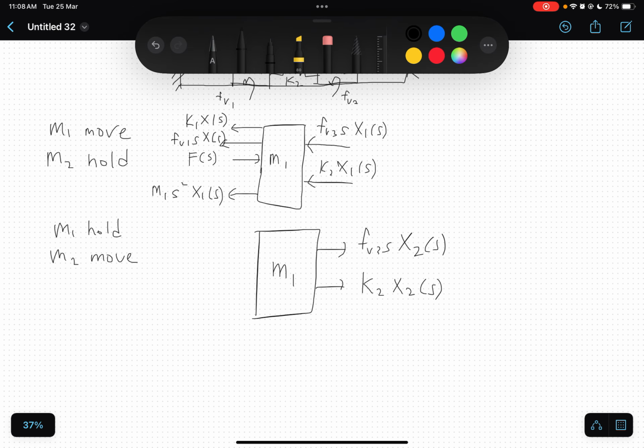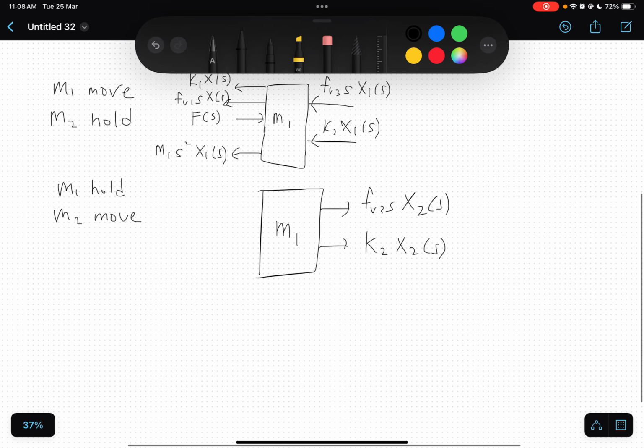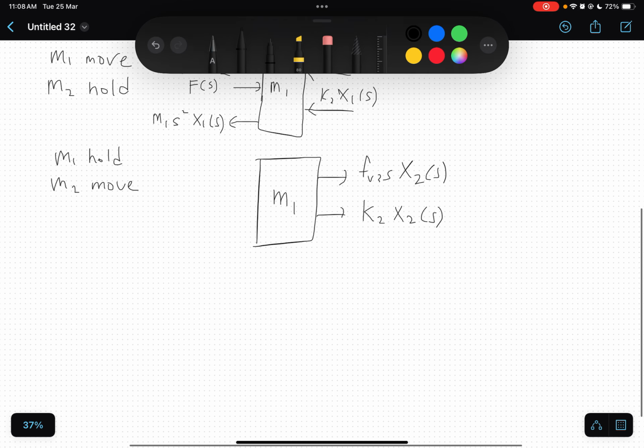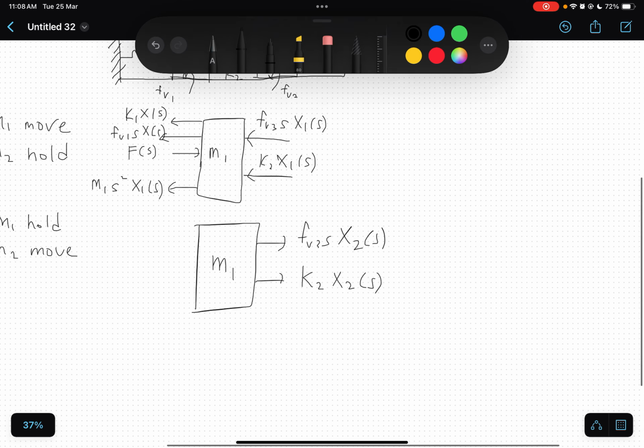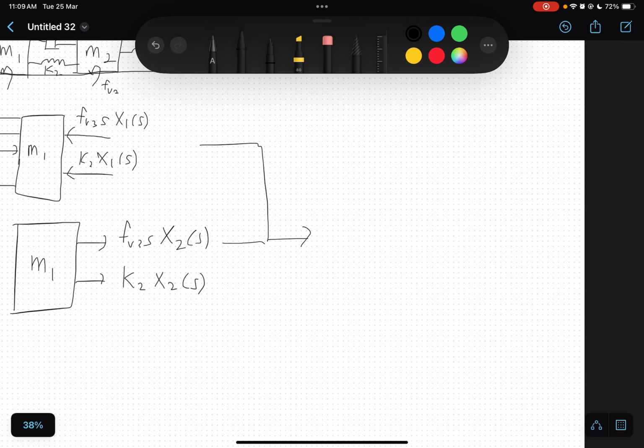Okay, so to get the total forces that are acting on M1, the equation of motion for M1 only, we need to combine all of these free body diagrams into one. Okay, so you combine them into one.